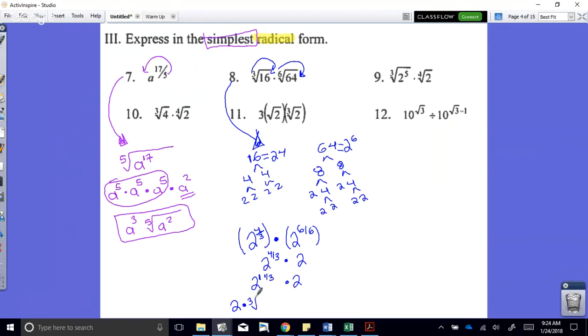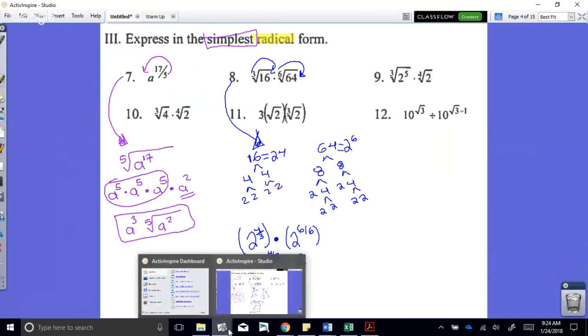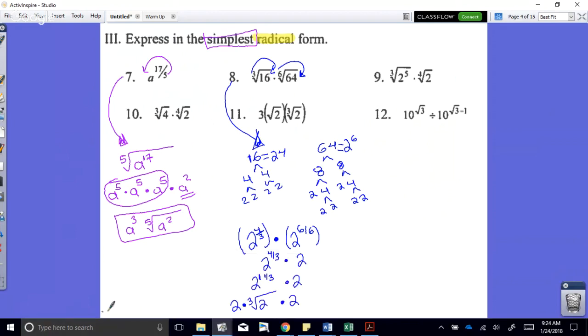So we have the cube root and then times another 2. Okay, so all together, we end up with 2 times 2, which is times the cube root of 2.